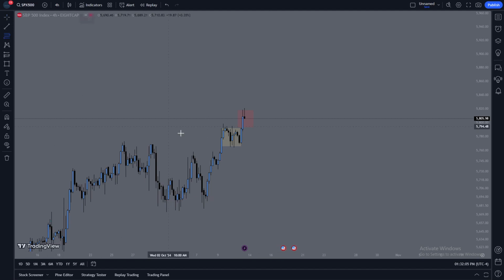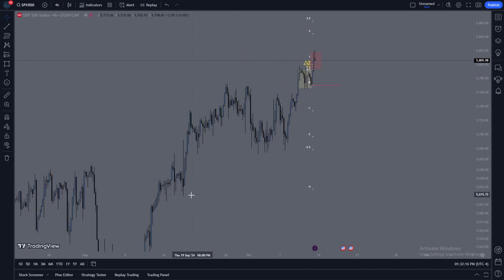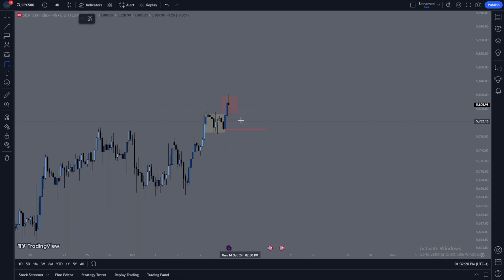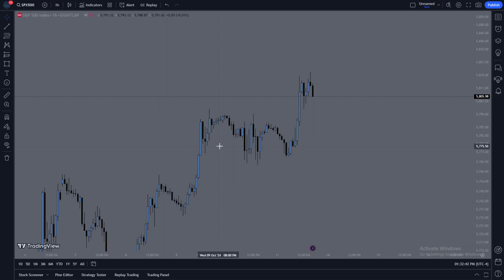The only way we know if this is a manipulation leg is once we get a close underneath this low, we'll anticipate that this is going to be a manipulation leg. Throw the projection on, and you target standard deviation levels all the way down, right? Let's see if we can get into some setups.